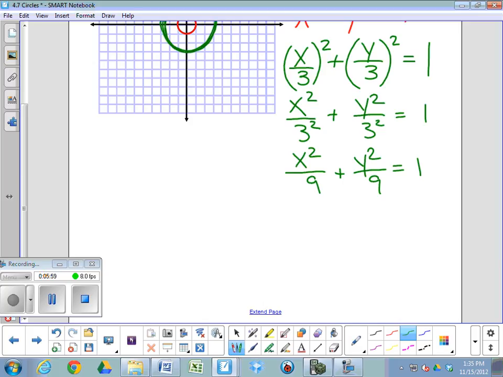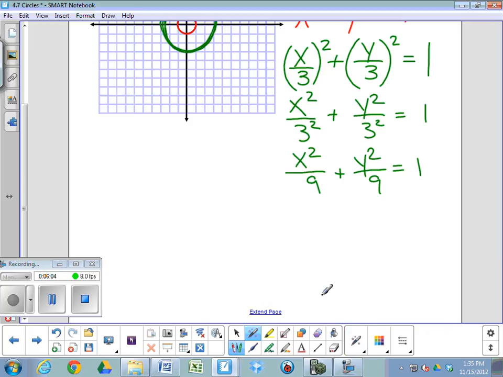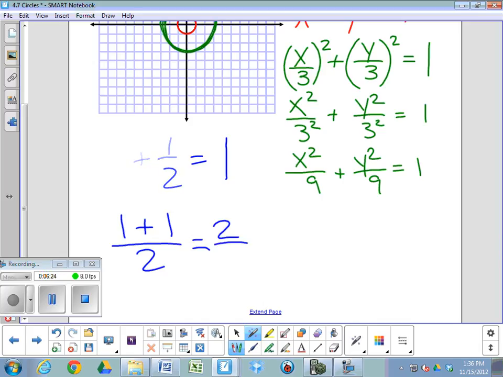Let me do a little side note, and I'll do the disappearing ink again. Is it true that 1 over 2 plus 1 over 2 is the same as 1 plus 1 over 2? What's 1/2 plus 1/2? 1. What's 1 plus 1 over 2? 1.